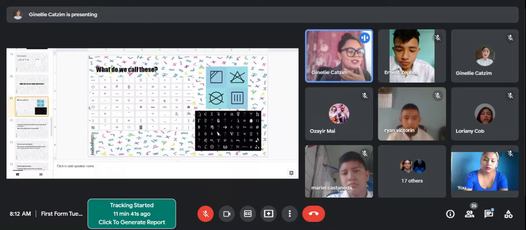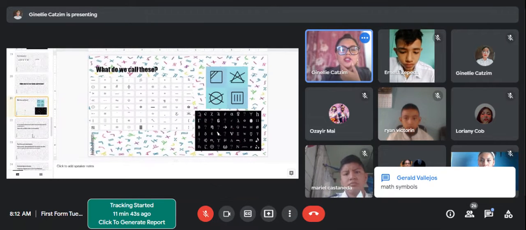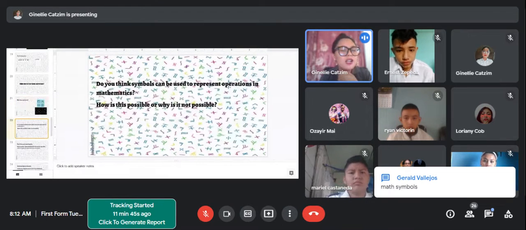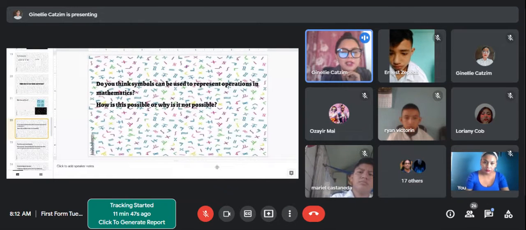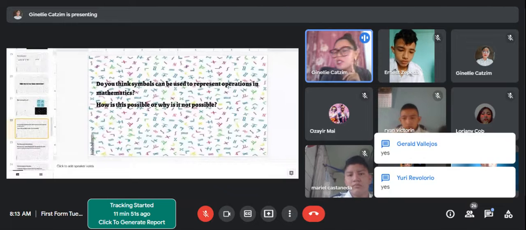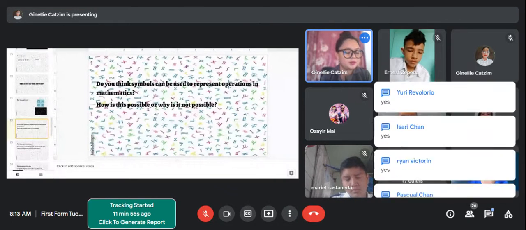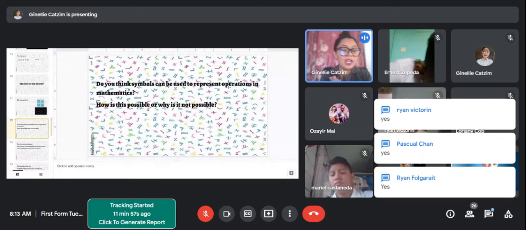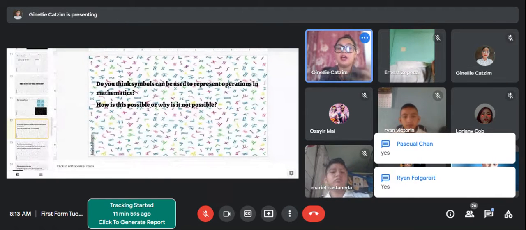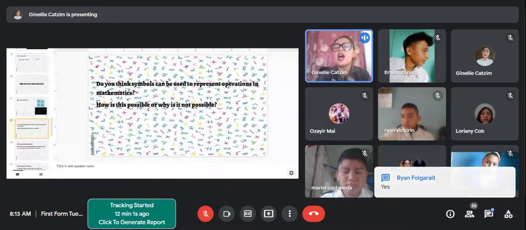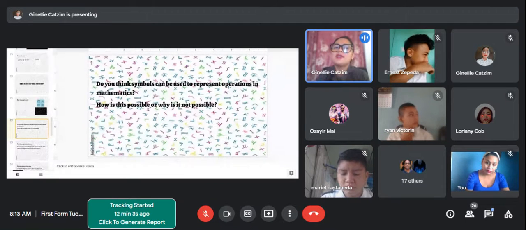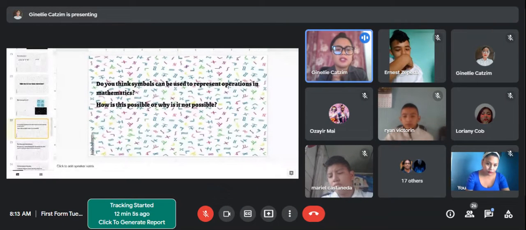So if you know that these are symbols, do you think symbols can represent operations in mathematics? Do you think that that can happen? How is this possible? Or why is it not possible? Many of you say yes. If your answer is yes, how is this possible? How can symbols represent an operation in mathematics?